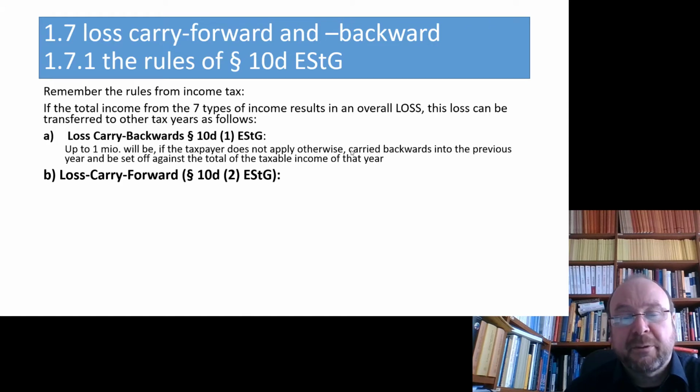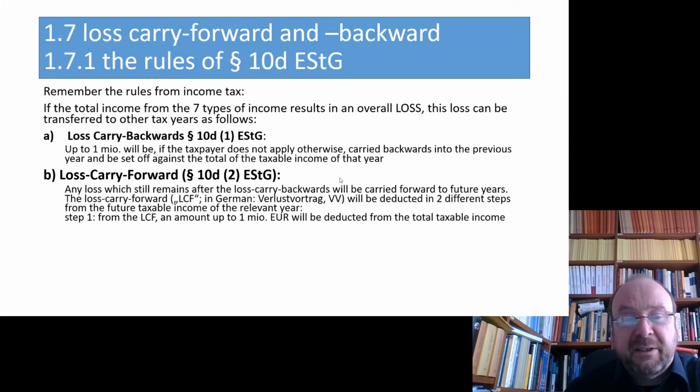If you apply so, you can avoid it. But everything which could not be carried backward is automatically carried forward to future years, and then it will be set off against the income of these future years.